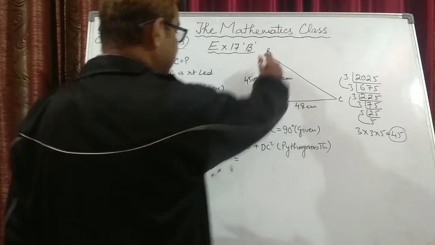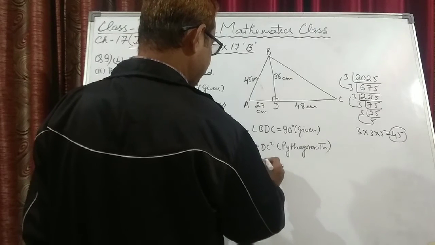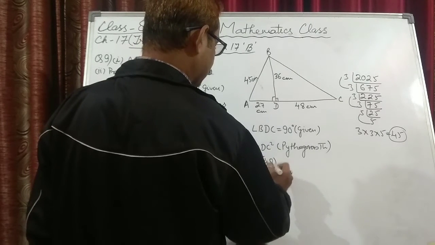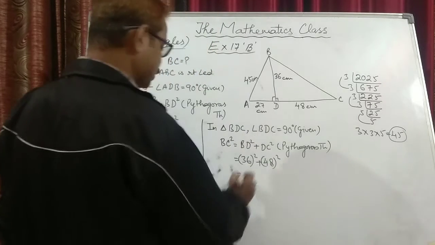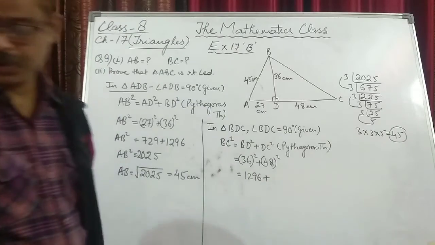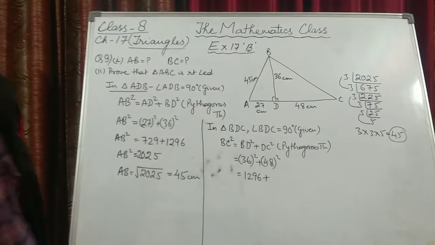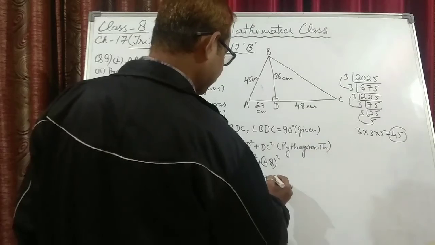Now BD is how much? BD is 36. So we will write 36 square plus 48 square. 36 square we know is 1296, and 48 square is 2304.